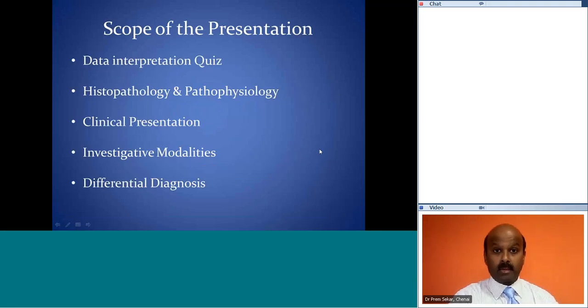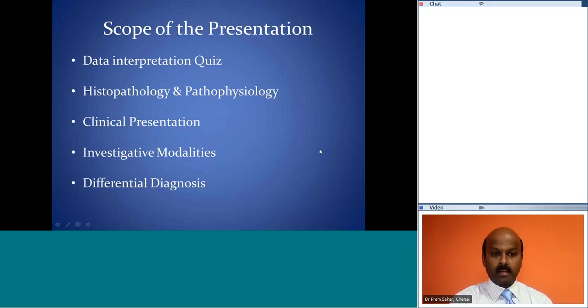Okay, so this is the scope of the presentation. I structured the presentation in such a way that we start off and end with a couple of data interpretation quiz slides, and then we look into the histopathology and pathophysiology of patent ductus arteriosus, which is quite important because it has quite a lot of bearing on the understanding of hemodynamics and the management of patent ductus arteriosus.